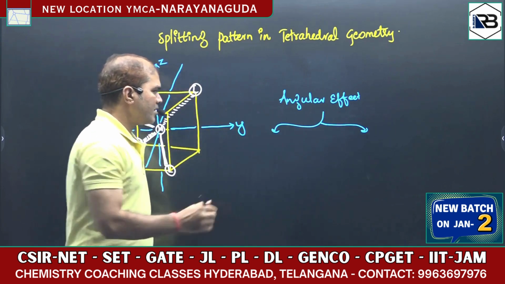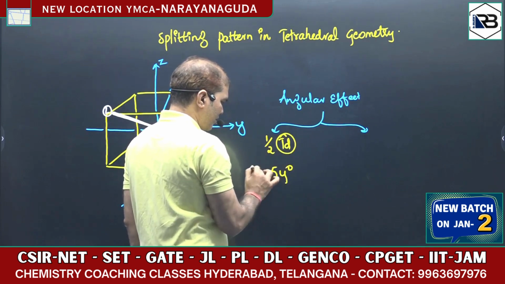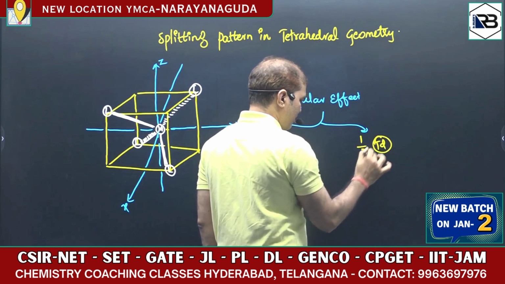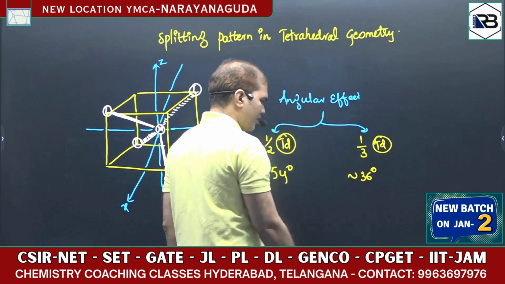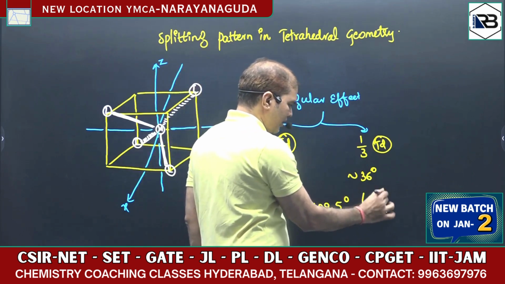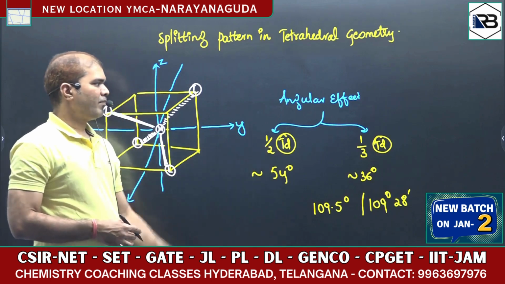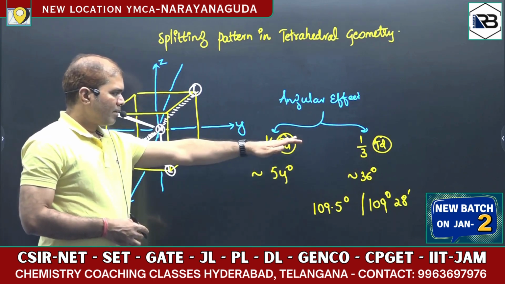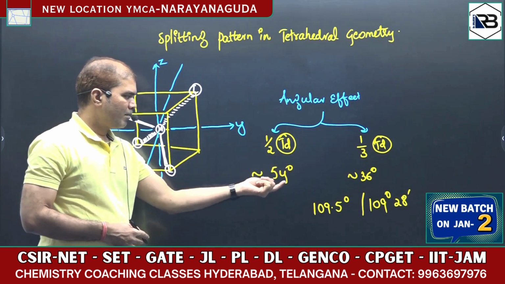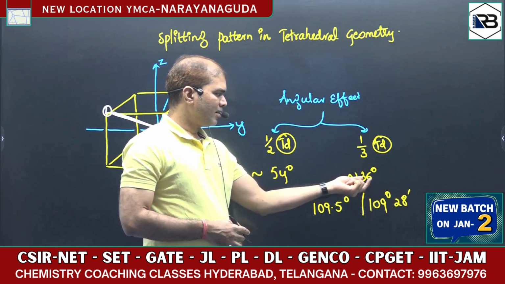One angle is approximately half of the tetrahedral angle, approximately 54 degrees. Another angle is 1/3 of the tetrahedral angle, approximately 36 degrees. The tetrahedral angle, we know, is 109.5 degrees or 109 degrees 28 minutes. Where the angle is larger, 54 degrees, the ligands are away from the orbitals by 54 degrees; where it is 36 degrees, they are much closer.